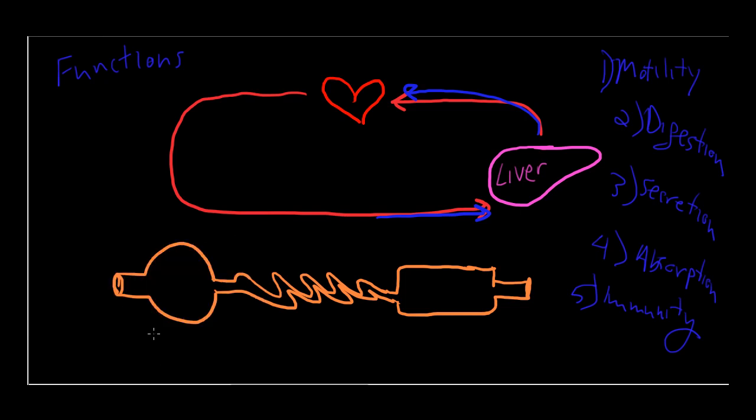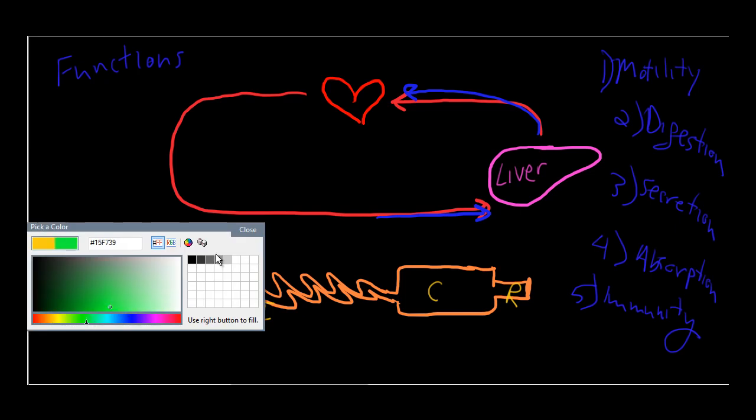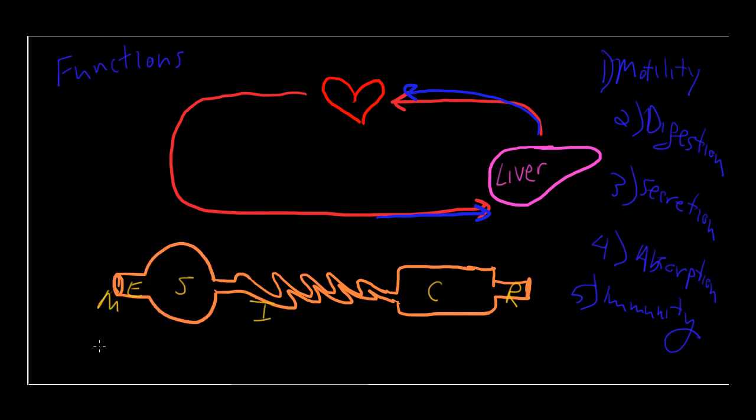And so motility, well, let me first give you an introduction to this. So here's a mouth, esophagus, stomach, intestine, colon, and the rectum. When we talk about motility, we're talking about the passage of food from one end to the other end.